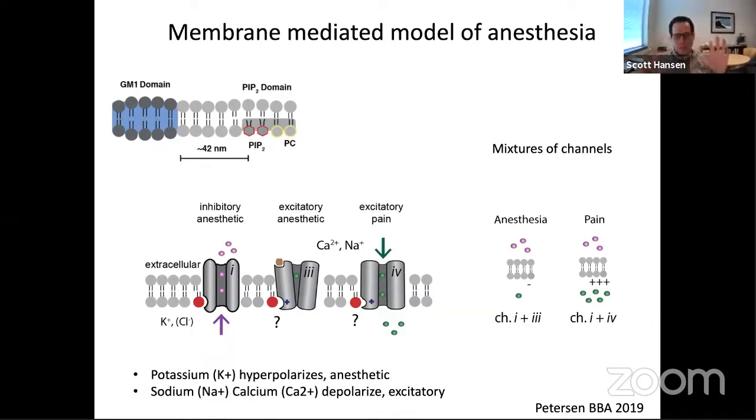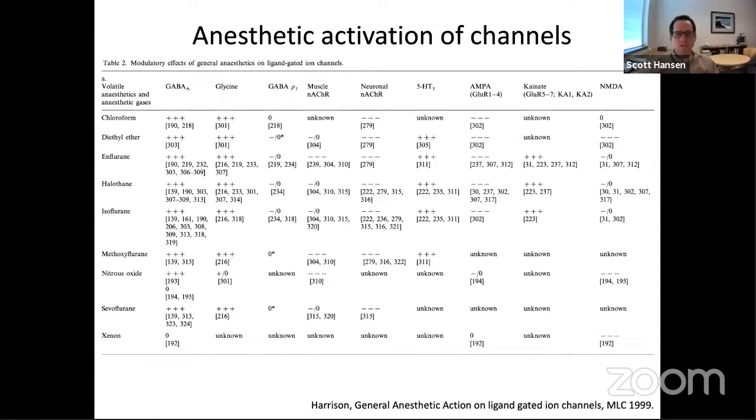It's probably a little complicated to explain, but it's known that all the GABA A channels are activated by all the anesthetics, all the glycine channels, and these conduct chloride. All the chloride channels are activated. Almost all the sodium channels are inhibited, and they're inhibited by all the different anesthetics.